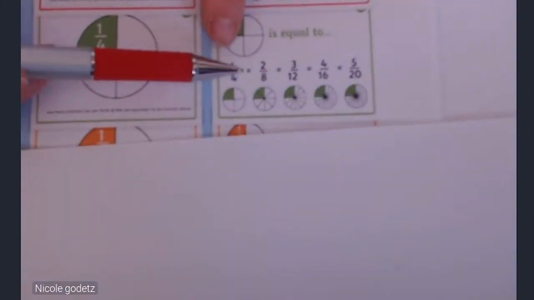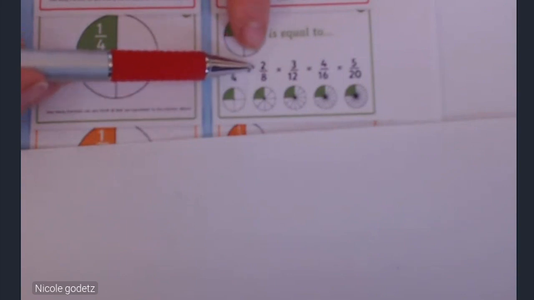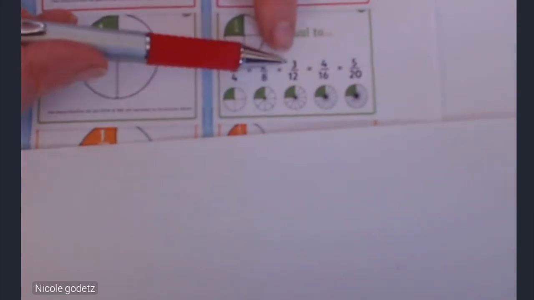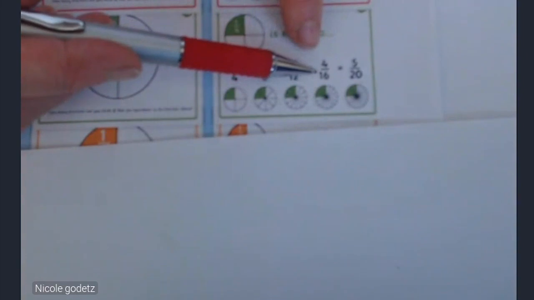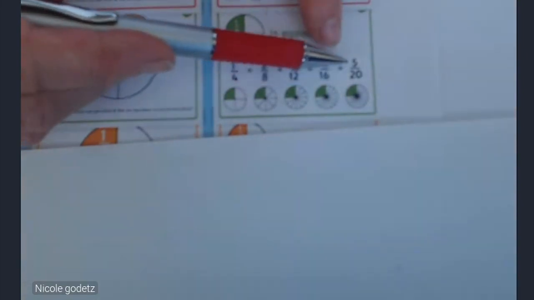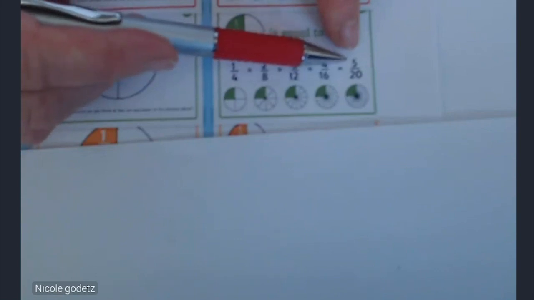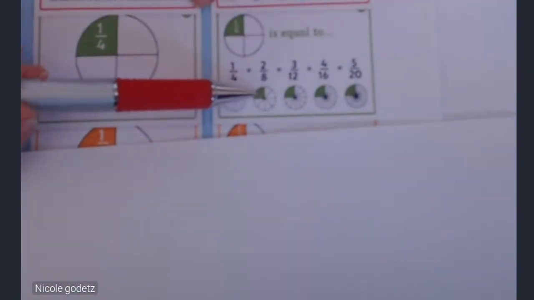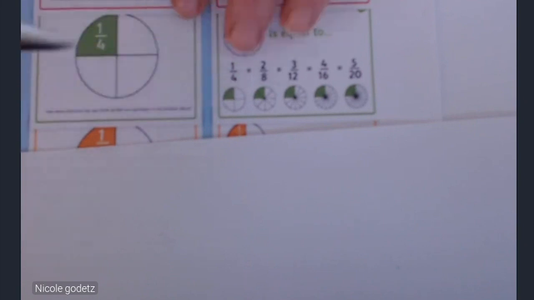So the ratio is going to be 1 to 4. Divide 8 by 4, you get 2. Divide 12 by 4, you get 3. Divide 16 by 4, you get 4. 20 by 4, you get 5. So it's the same. It doesn't matter how small those parts are. If you can make 4 equal groups, it is quarters.